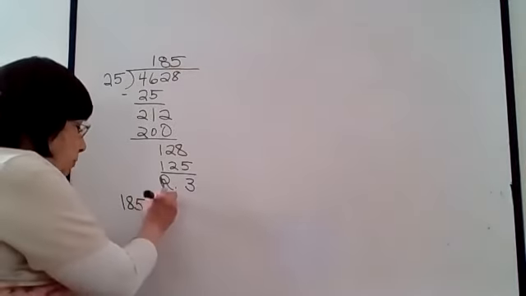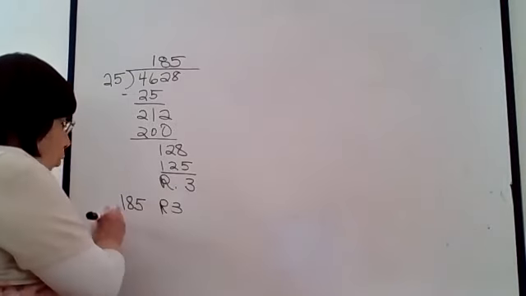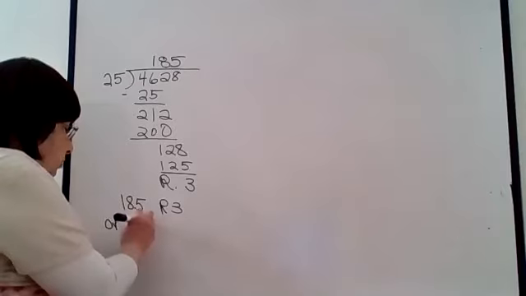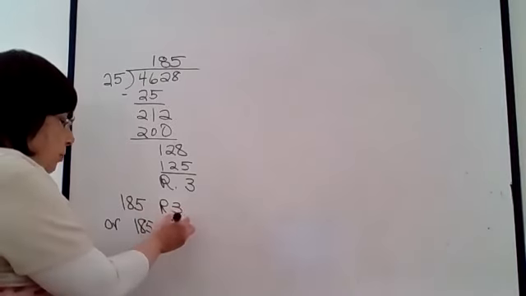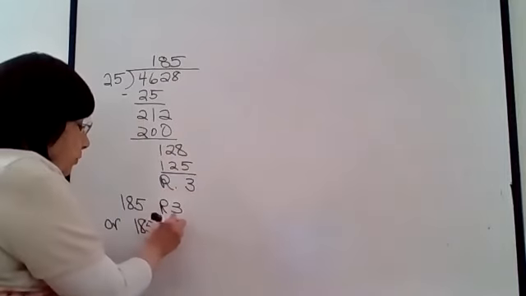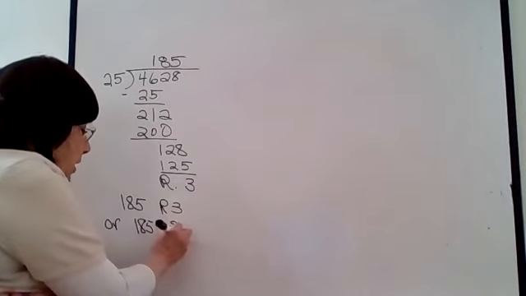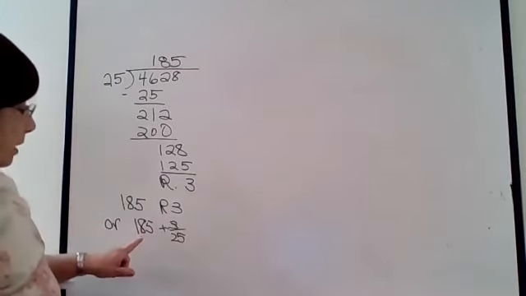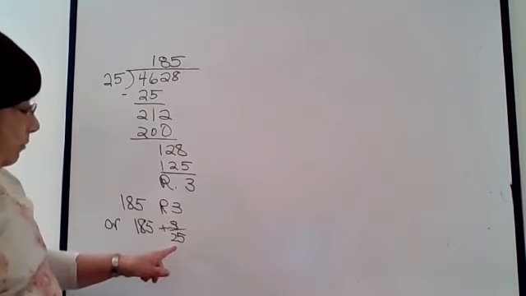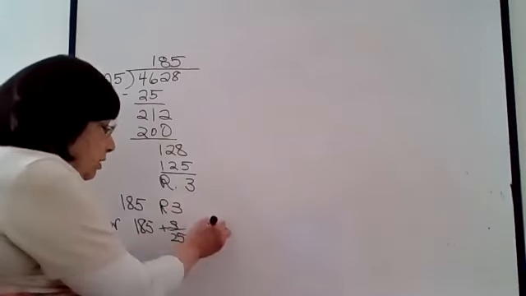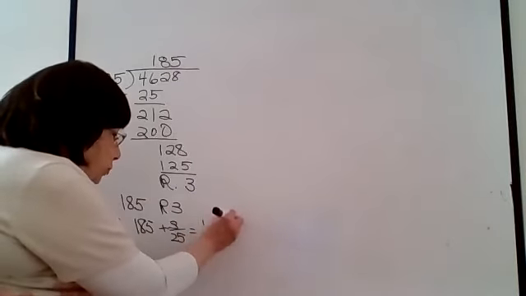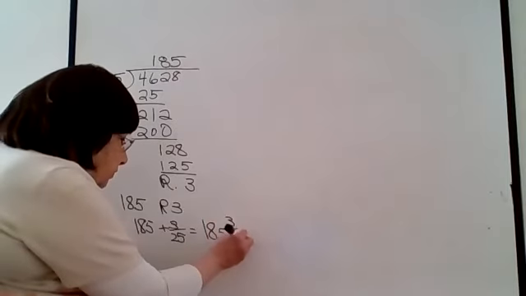185 remainder 3. Or what is often done is we take the answer 185 and put the remainder over the divisor. In other words, my answer would be 185 plus the 3 over 25, usually written right next to each other: 185 and 3/25.